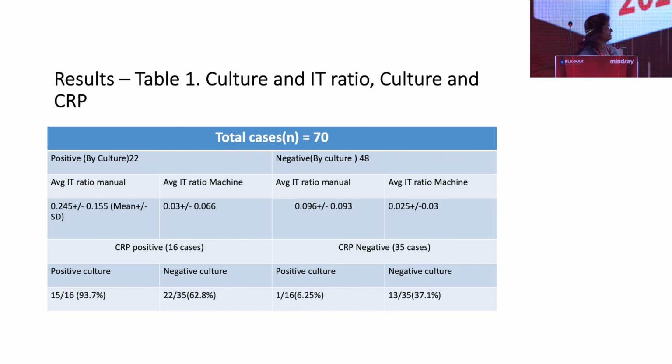At the same time, I also analyzed CRP values, but CRP values were not available for all the patients, so the data is lesser. 16 cases. Here I just want to highlight that positive culture had high predictive value. Of 16 cases with positive blood culture, 15 had positive CRP.